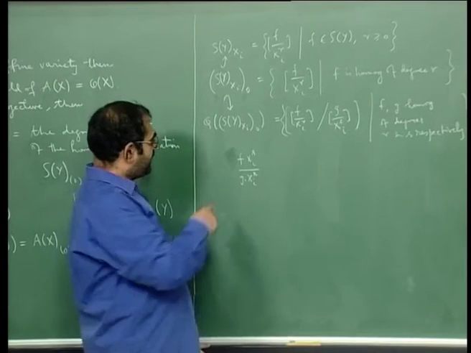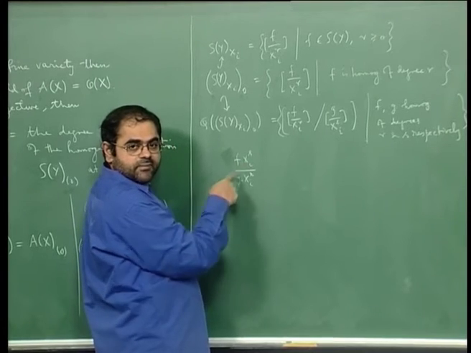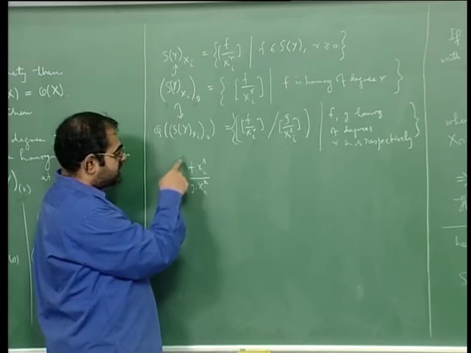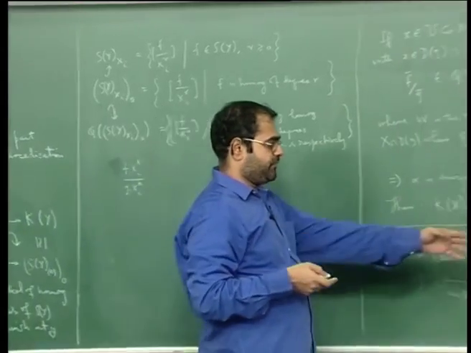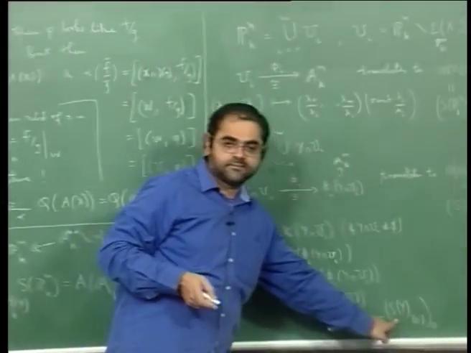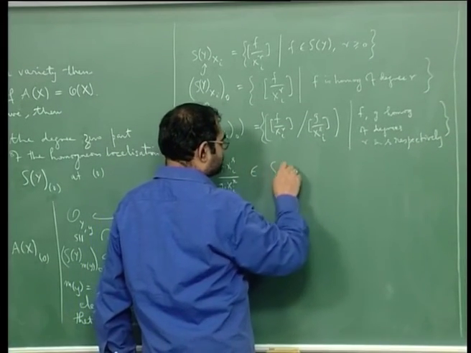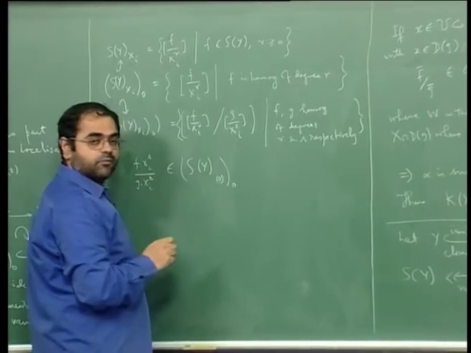The numerator will have degree r plus s, the denominator will have degree r plus s. So this is the quotient of homogeneous polynomials of the same degree. Okay, so what you are going to get is an element here. So see, this belongs to S_y localized at 0, degree 0 part. I will tell you what this means.